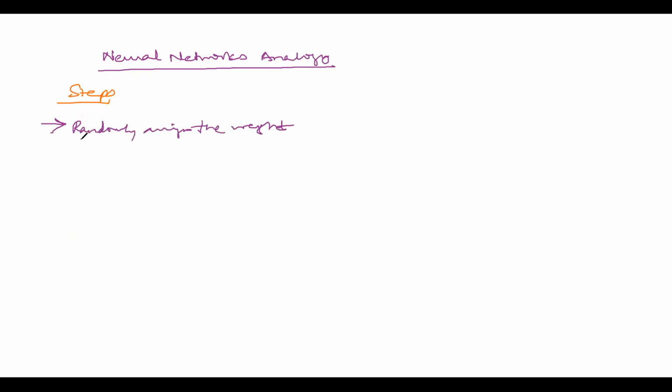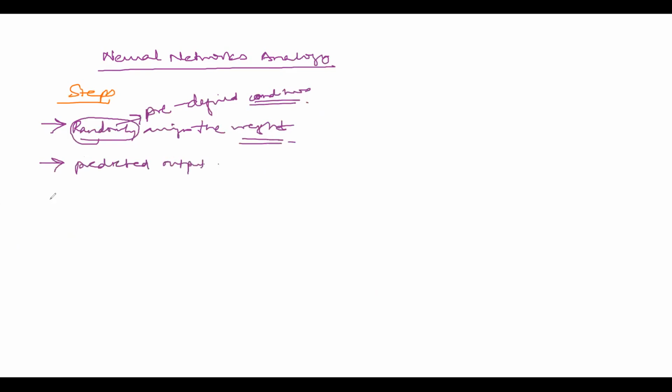We can do random, or we can use some predefined conditions to limit or assign our weights. Once the weights are assigned, we find our predicted output, and then the cost function. Why the cost function?